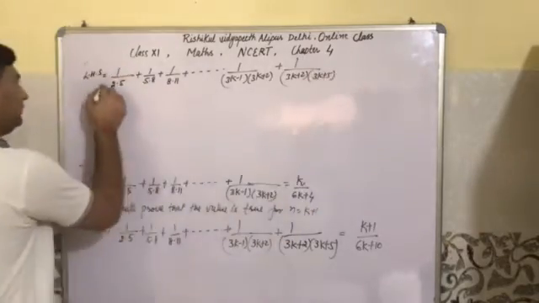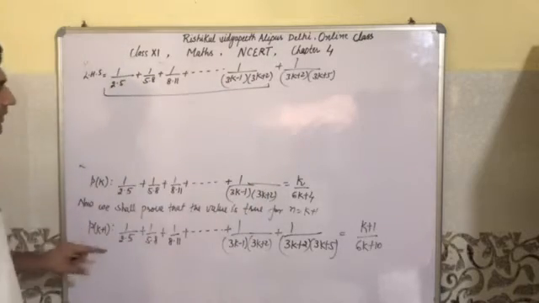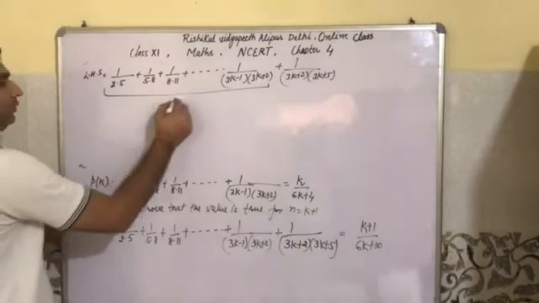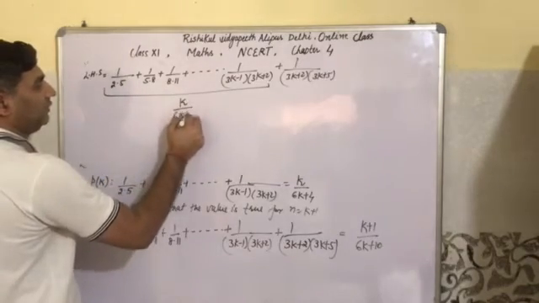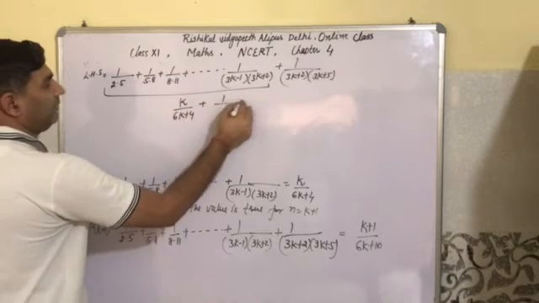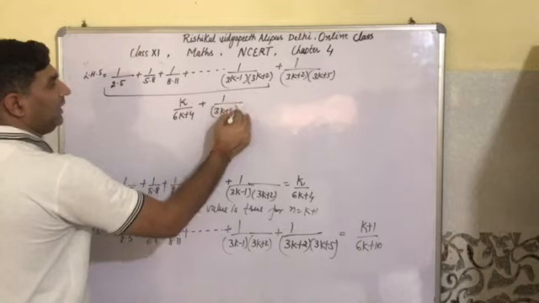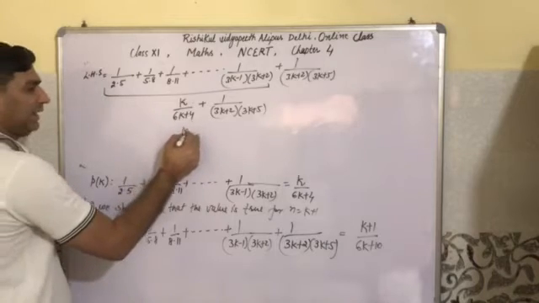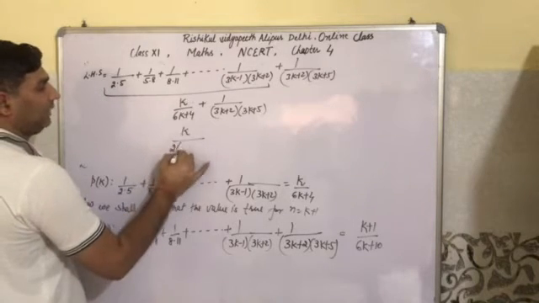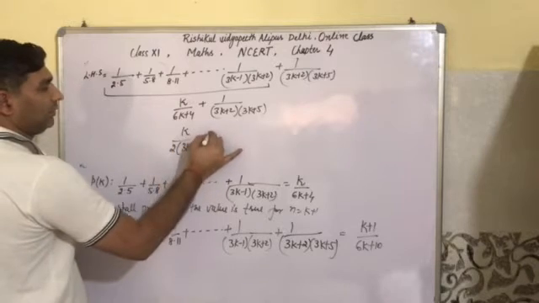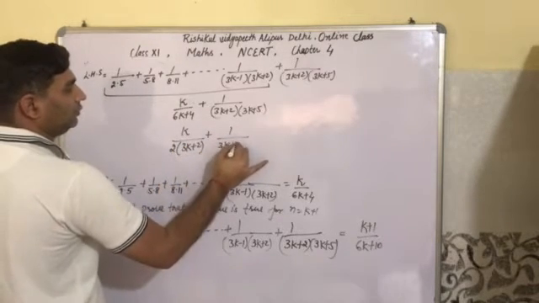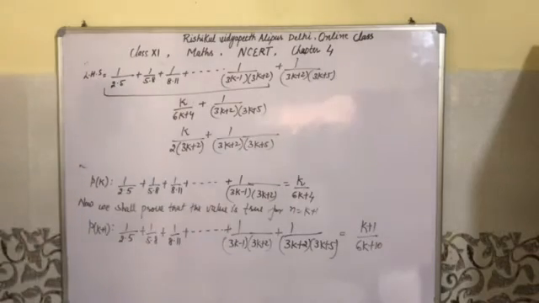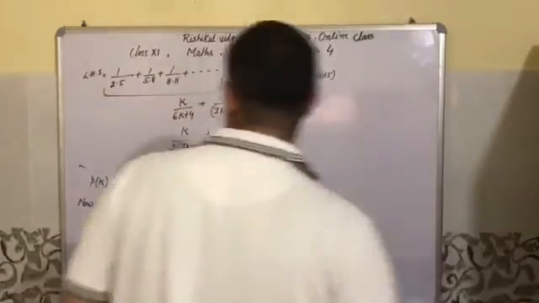We know this complete value up to the kth term is P(k), and the P(k) value is k/(6k+4). Plus 1/((3k+2)(3k+5)). Here 3k+2 is the common term, and we solve them by LCM.